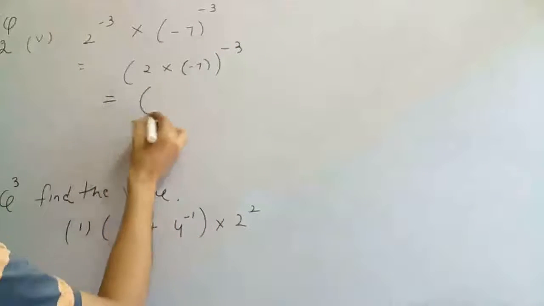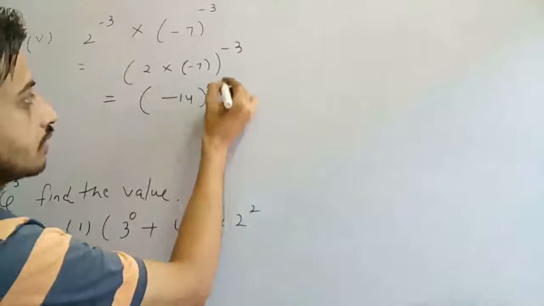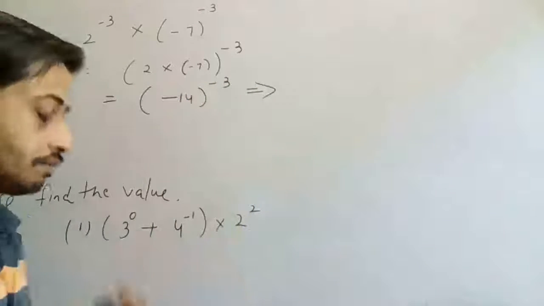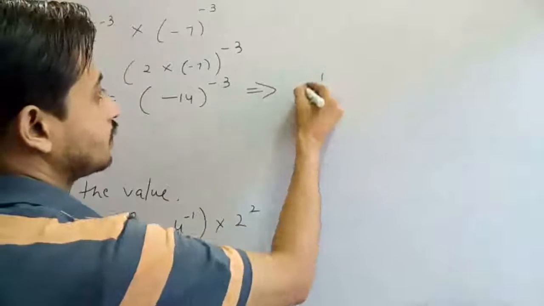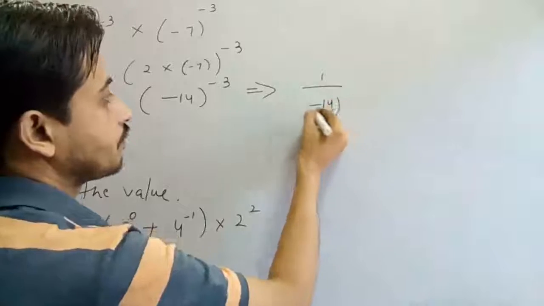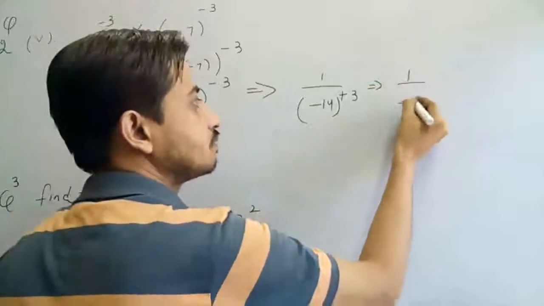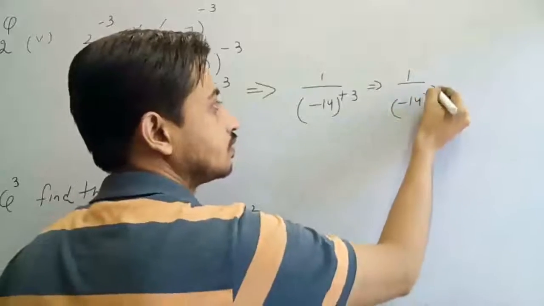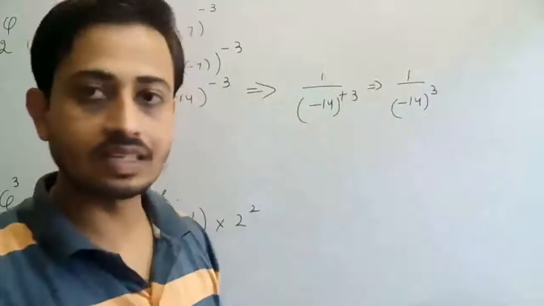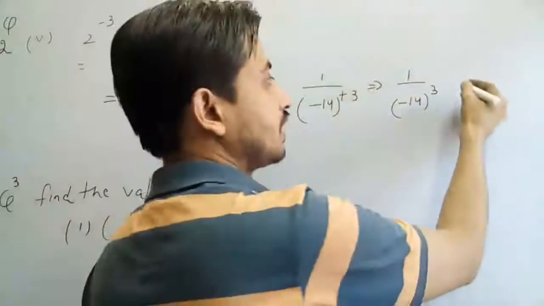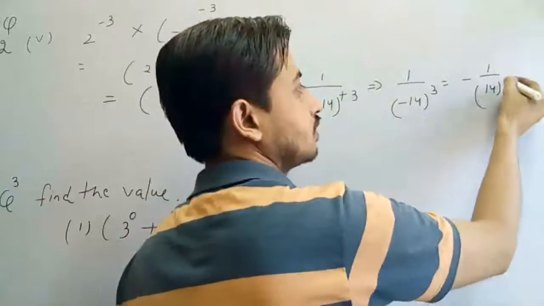Now what's the answer? 2 into minus 7 we get minus 14 raised to the power negative 3, and we can make it positive by moving into the denominator part. So this becomes negative 14 and the power becomes positive 3, and positive 3 can be simply written as 3. Now again the power is odd and the exponent is negative, so negative comes out of the bracket. So answer is what? Negative 1 upon 14 raised to the power 3.